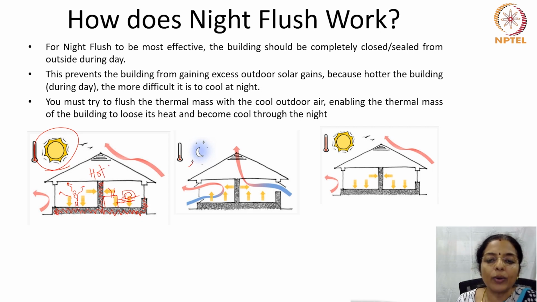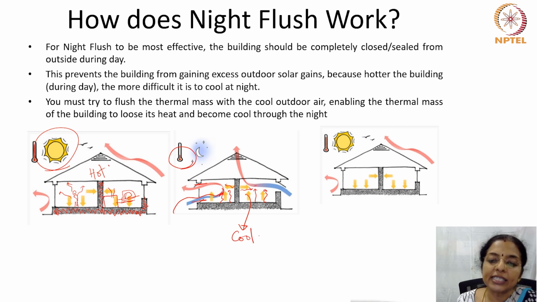At night, when the temperature dips outside, you open all the vents and allow cool air to enter in. All the heat that is absorbed by the thermal mass gets radiated back to the atmosphere and the room becomes cool.